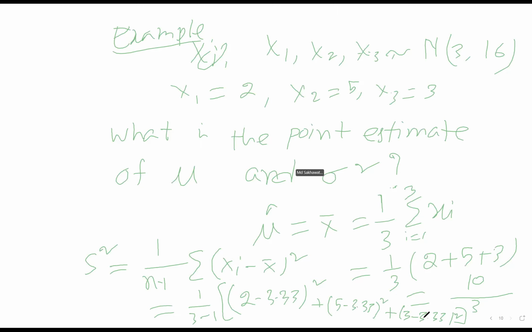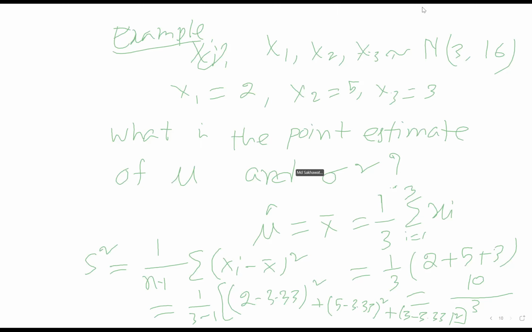So this is the point estimate for sigma square, that means the sample variance. Now you can use a calculator to simplify this one. Okay, so you got 2.3333 for sigma square.